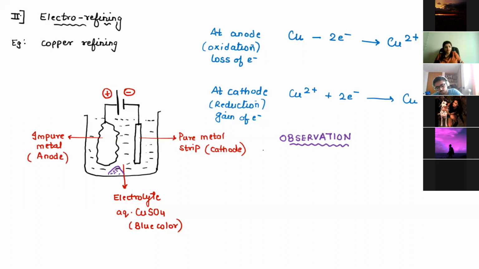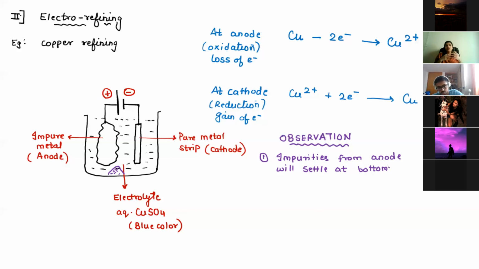So one observation we can see is that impurities from the anode will settle at the bottom. But imagine that there are two rods. One is an impure rod, one is a pure rod.